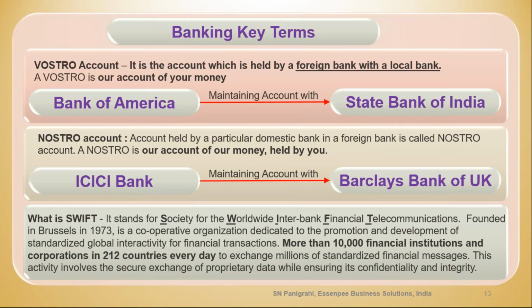Suppose you have submitted documents through SWIFT, they will announce that these documents are received. Otherwise, through courier and other physical modes, it takes a longer time. But with SWIFT, they can communicate the receipt of the documents or the receipt of the payments, and they can also transfer the payment through SWIFT. Okay.